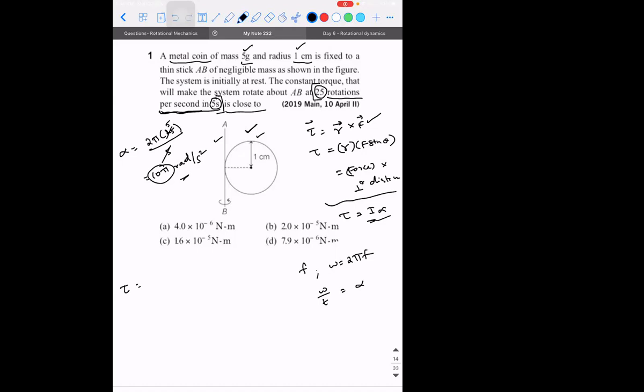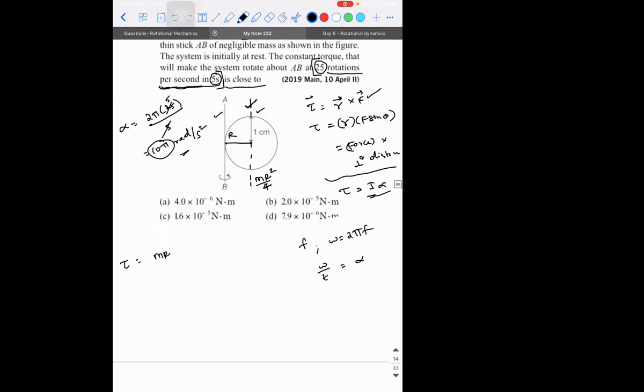In the plane means you need to apply the parallel axis theorem, for which you need to know the moment of inertia about its diameter. It is mr square by 4, correct? And what is this distance? It is r.